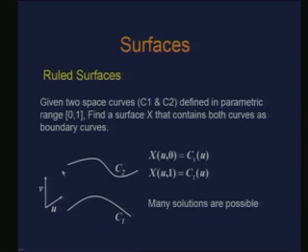The problem here is that I am given 2 space curves C1 and C2, and I want to construct a surface which has these 2 curves as its boundary.